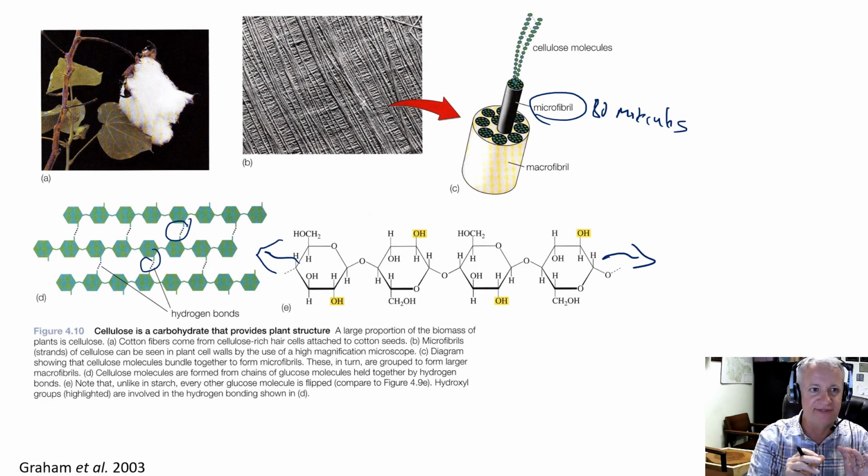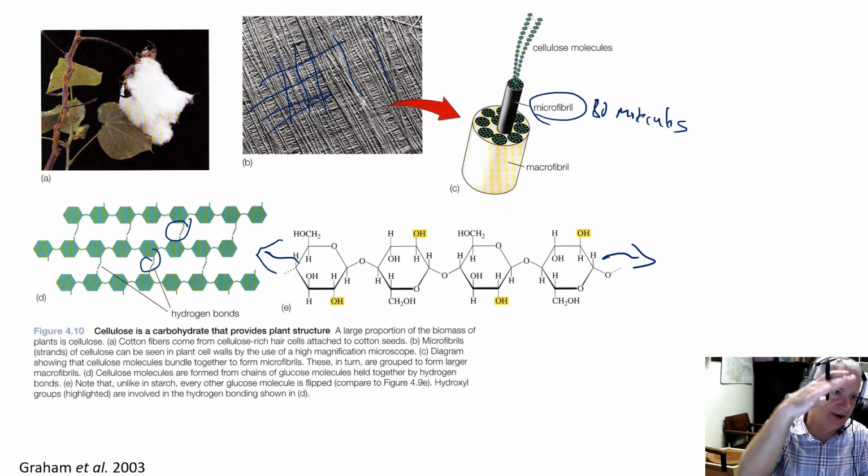And those microfibrils and macrofibrils are what are actually laid down to form the cell walls. So cell walls are bundled together from these coalescing micro and macrofibrils that are built of individual cellulose molecules.